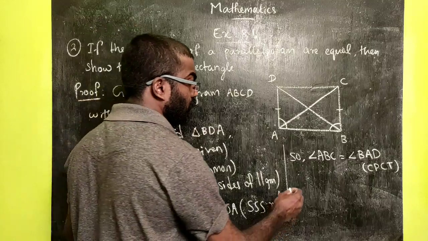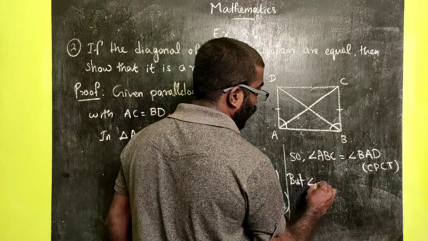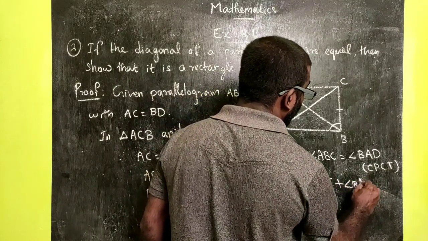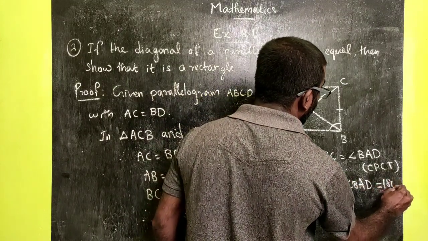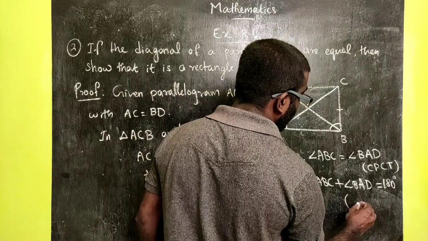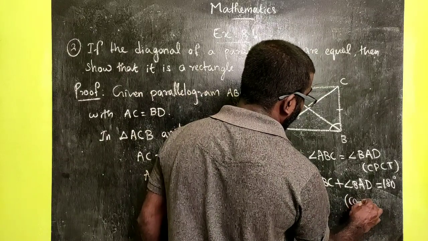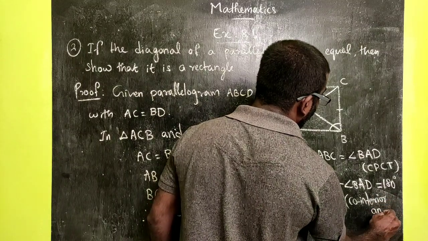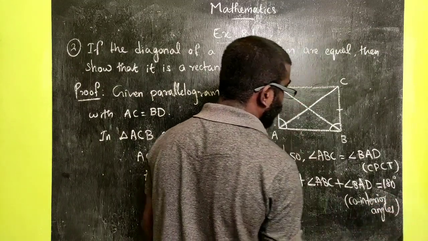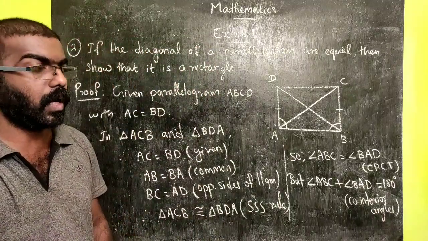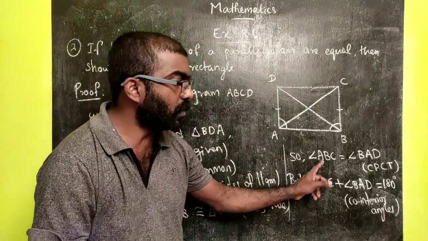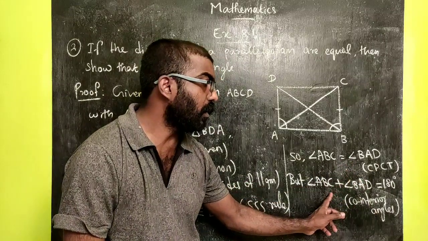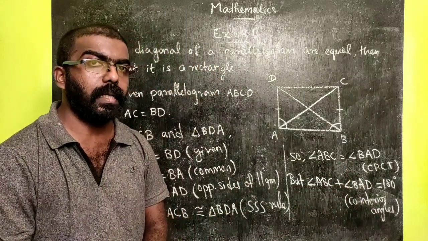So we can write, angle ABC plus angle BAD equal to 180 degree. You can write the reason as consecutive interior angles or co-interior angles. Or you can say interior angles on the same side of the transversal. All are same. Now we can combine these two steps. Here ABC equal to BAD. Here the sum of these two angles gives 180 degree.